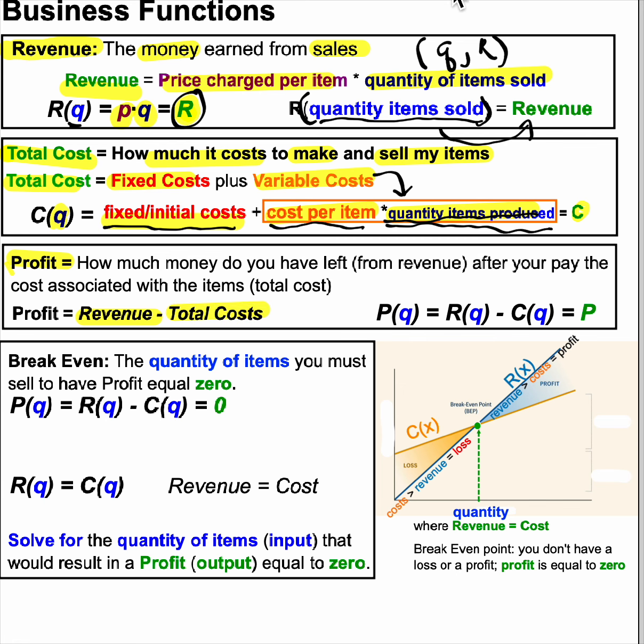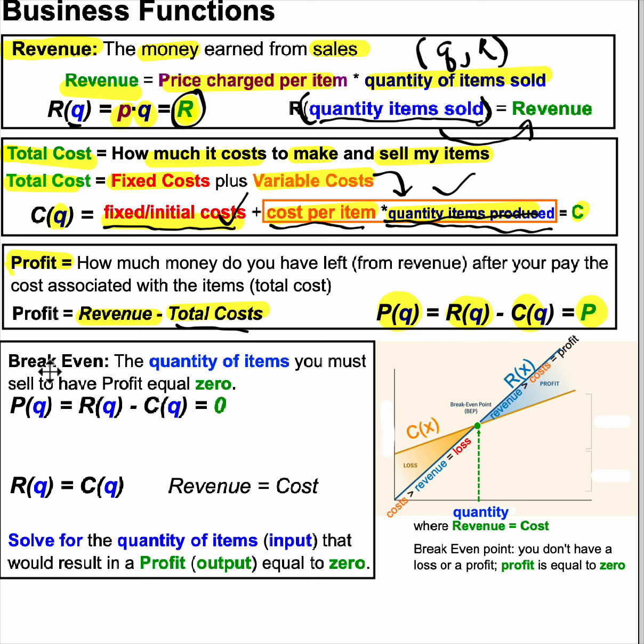I have to pay for the tent at the farmer's market, and then I have to pay for all the ingredients. So I have to subtract total costs. So think of profit again as how much money I have left to put in my bank account. I can define it as P of Q is revenue minus cost is equal to profit.